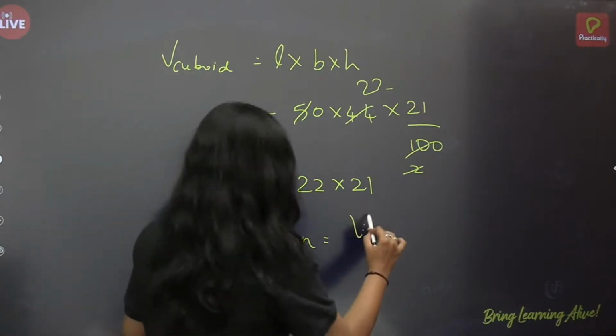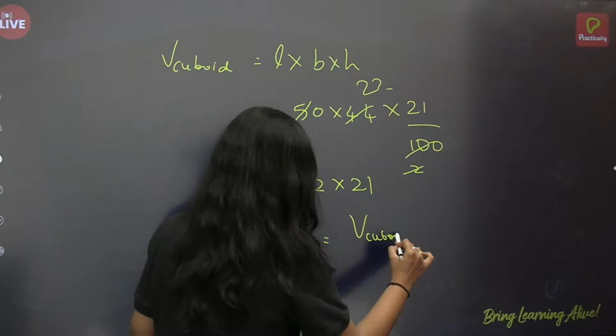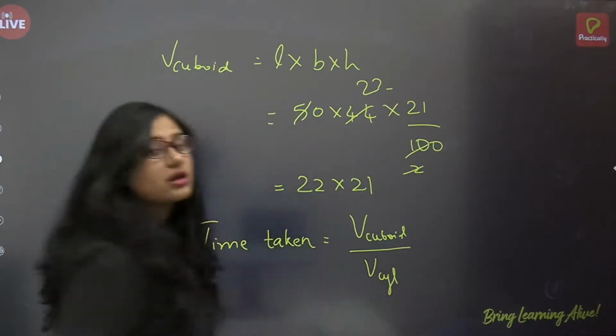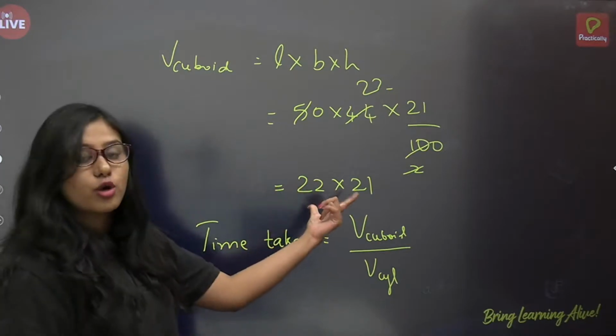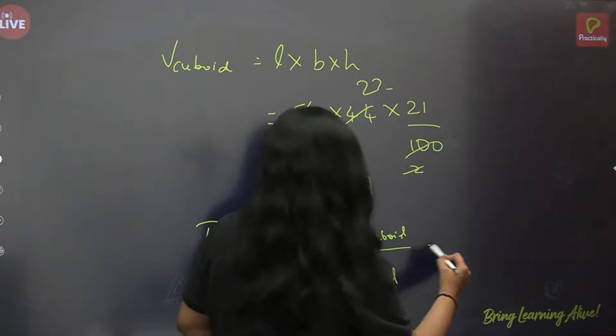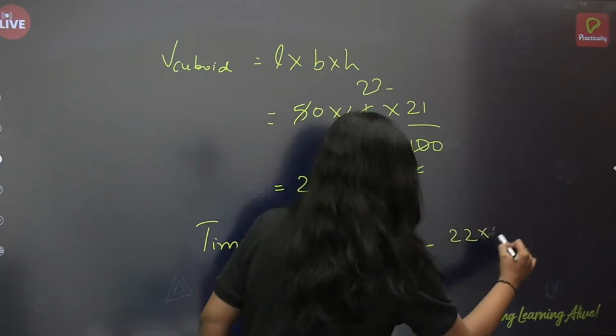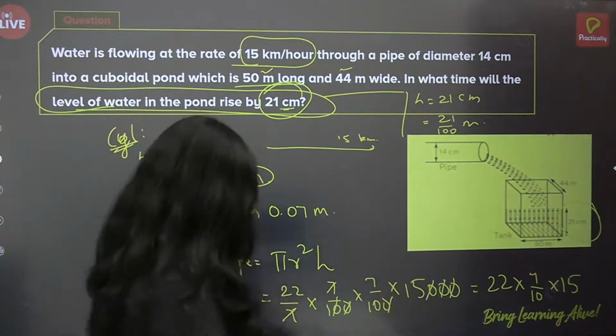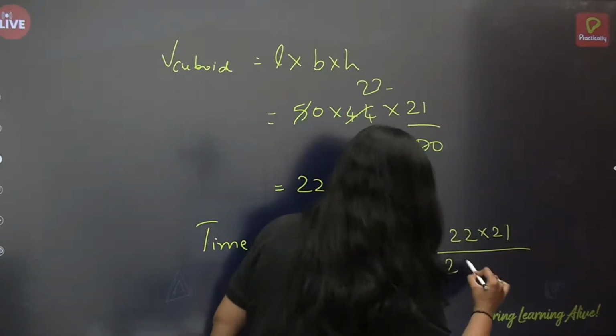Volume of cuboidal tank by volume of cylindrical pipe. We know the volume of cuboid, we know volume of cylinder, that is pipe. Substitute, get the answer. So, this is 22 into 21 by, what is the volume of cylinder? 22 into 7 by 10 into 15.